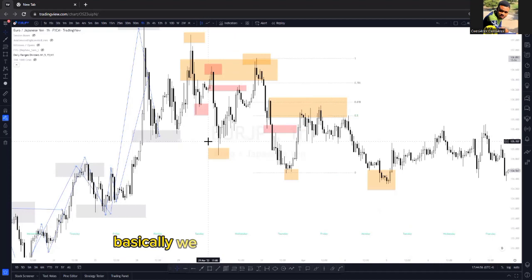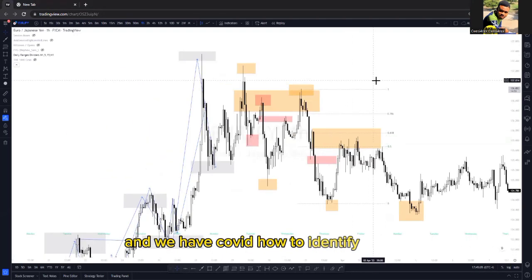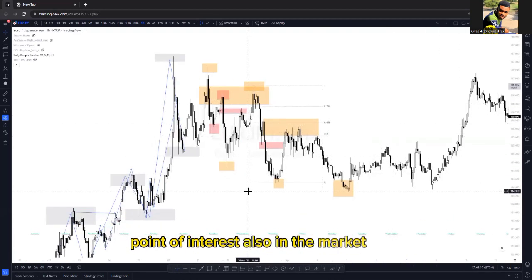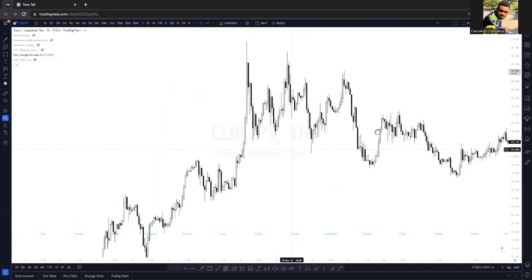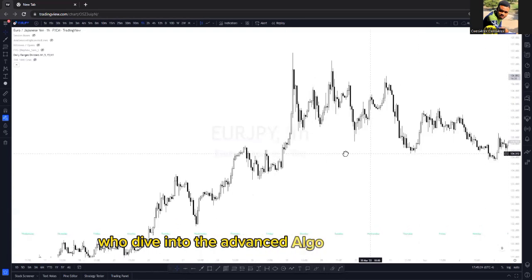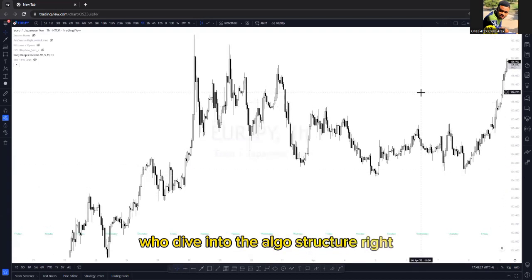So basically, we have covered the market structure, and we have covered how to identify point of interest also in the market, right? We have done all that right now. So when we are back, we'll dive into the advanced algo market structure. We'll dive into the algo structure, right?